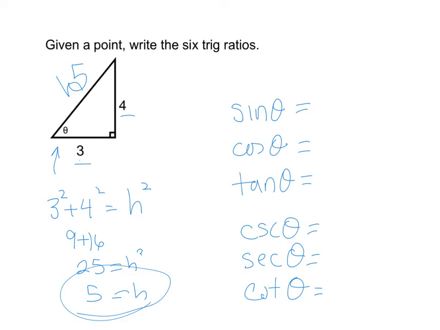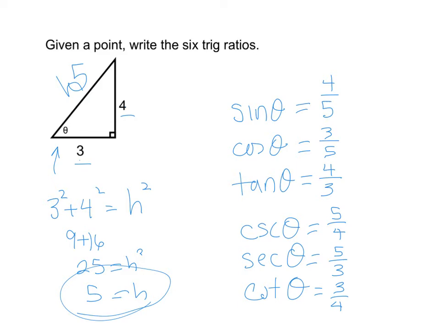Okay, so now that I have all of those, I can use my trig ratios to find it, right? Sine is opposite over hypotenuse. And its reciprocal function is cosecant. So I'm just going to flip that back over. Cosine is going to be 3 over 5. So that means secant is going to be 5 over 3. Tangent is opposite over adjacent. And cotangent is that flipped over.